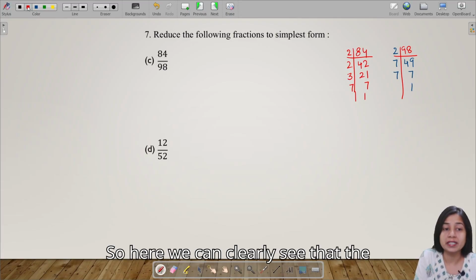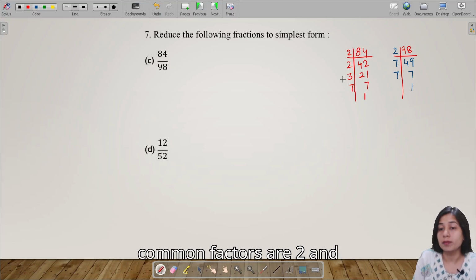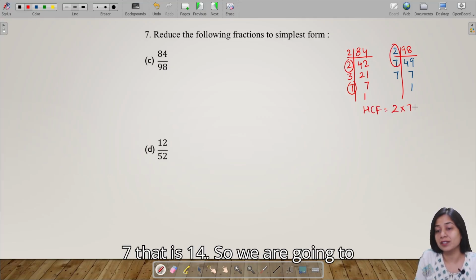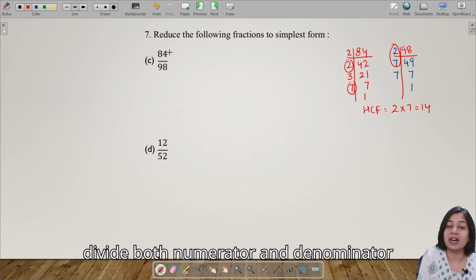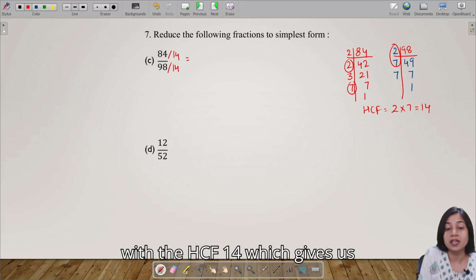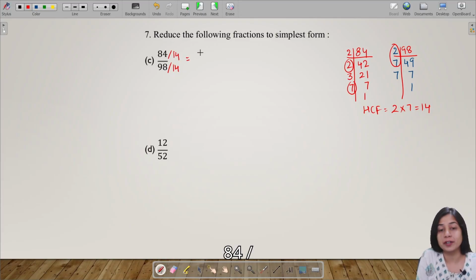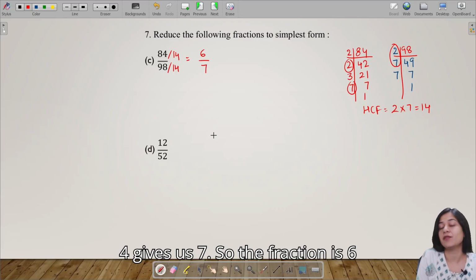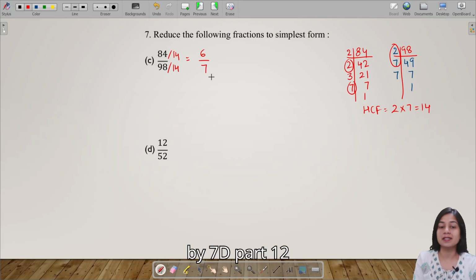So here we can clearly see that the common factors are 2 and 7. So the highest common factor is 2 multiplied by 7, that is 14. So we are going to divide both numerator and denominator by the HCF 14, which gives us 84 divided by 14 is 6. 98 divided by 14 gives us 7. So the fraction is 6 by 7.